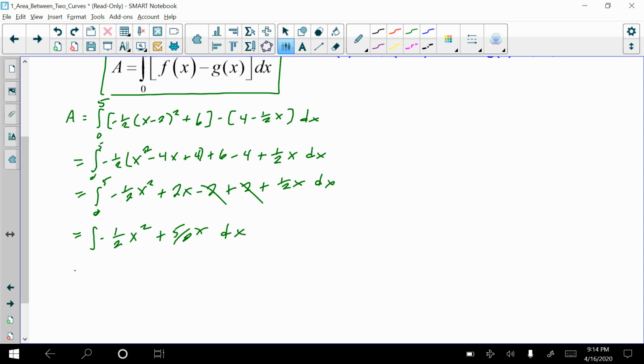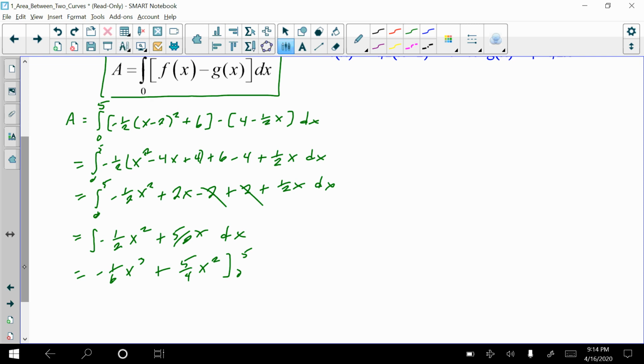Now we can perform the integration, which will give me a negative 1/6 x cubed, plus 5/4 x squared, and of course we're evaluating it from 0 to 5.